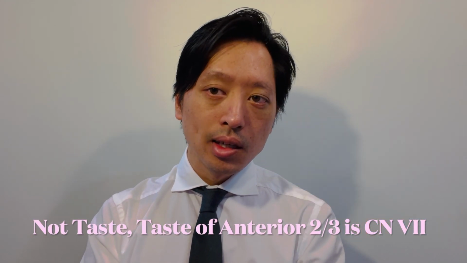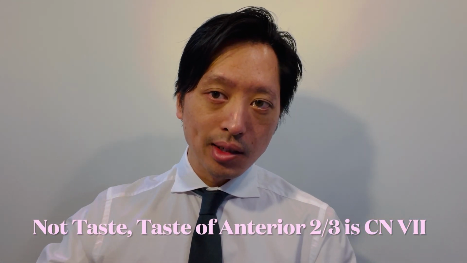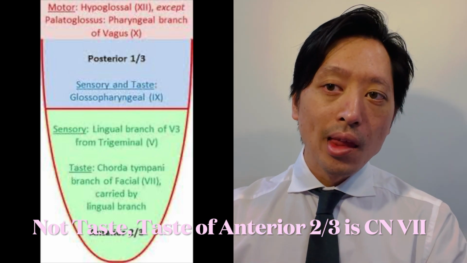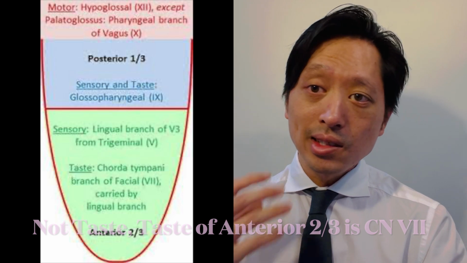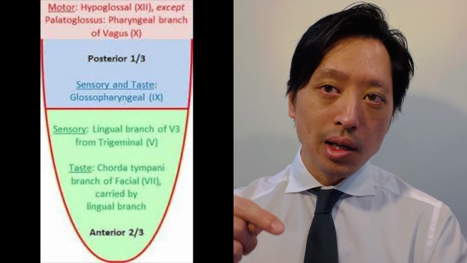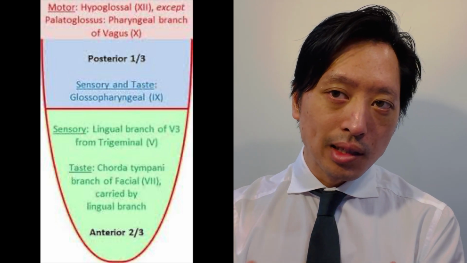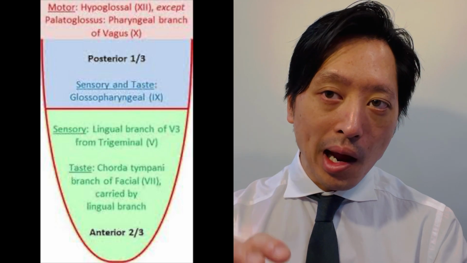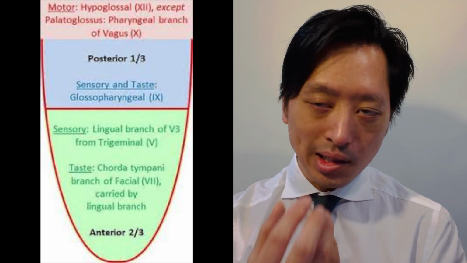The taste of the anterior 2/3 of the tongue is by cranial nerve 7. But the mandibular branch of the trigeminal nerve gives a sensation of touch, pressure, pain, and temperature of the front of your tongue and teeth.